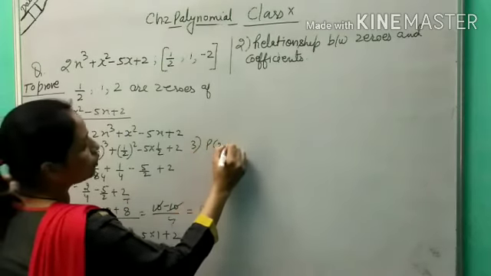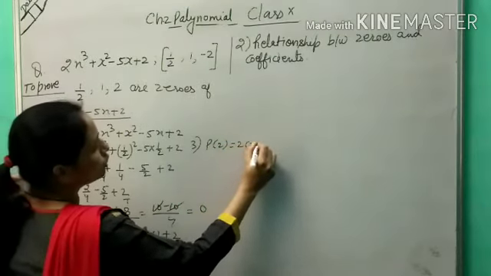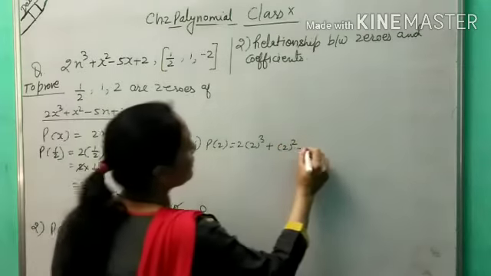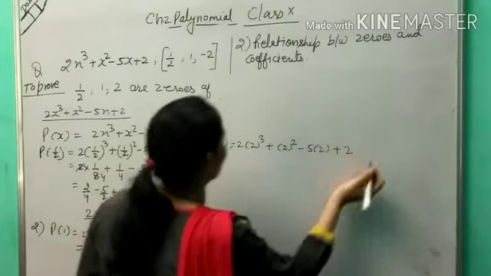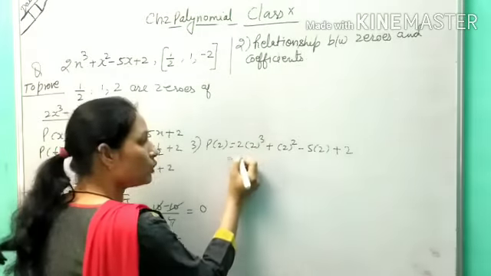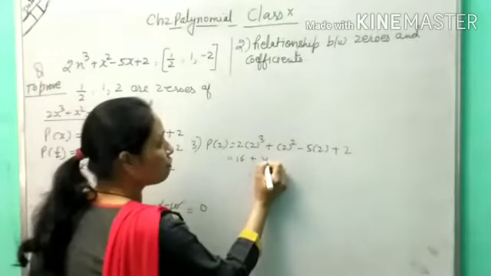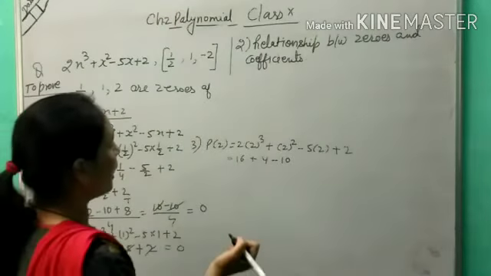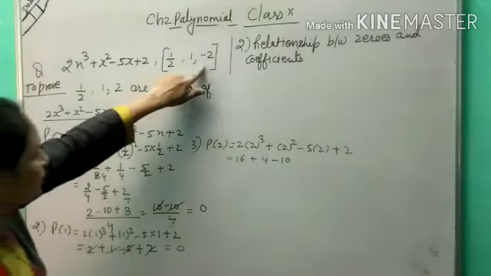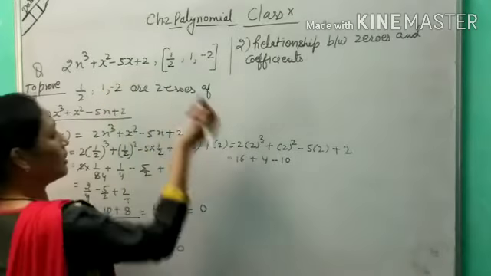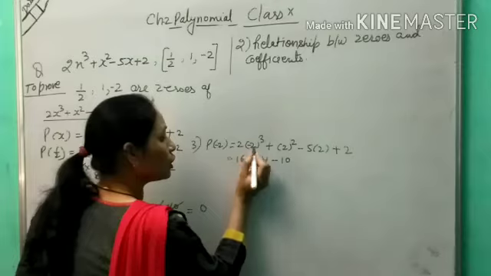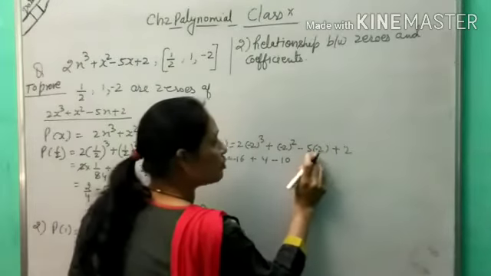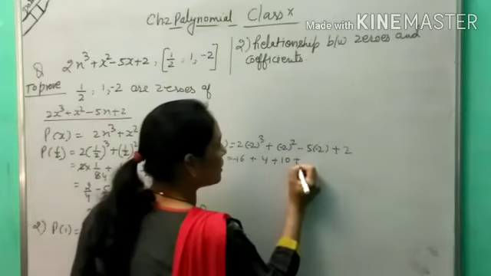So p(minus 2) is equal to 2 into (minus 2) cube plus (minus 2) square minus 5 into (minus 2) plus 2. Minus 2 cube is minus 8, 2 into minus 8 is minus 16, plus 4, minus 5 into minus 2 is plus 10, and plus 2.